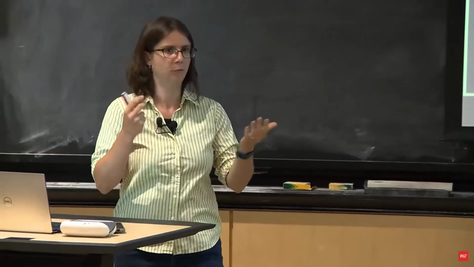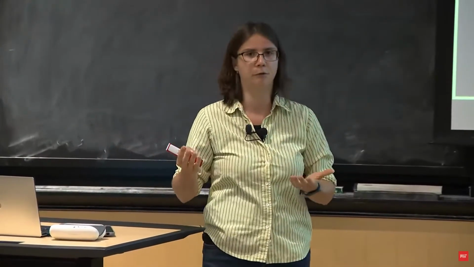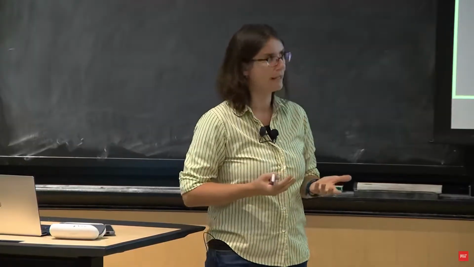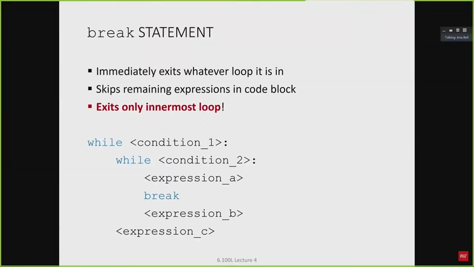We don't want the while loop condition to become false, and we don't want to exhaust our entire set of values in a for loop. So in order to exit a loop before the natural end comes, we can use this thing called a break statement. And the break statement allows us to exit the loop, and the loop it exits is going to be the one that immediately surrounds the break statement.